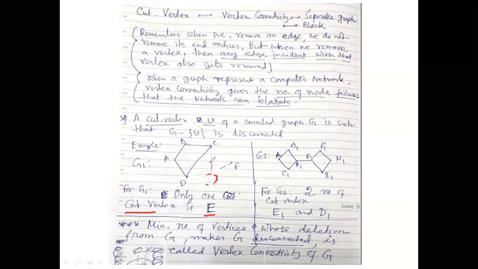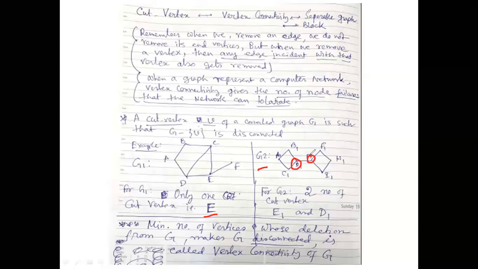Then we have two components: A, B, C, D, and another component containing only the vertex F. So in the case of G1, E is the only cut vertex. A cut vertex means a vertex whose removal makes the graph disconnected. Similarly, for G2 there are two cut vertices, one is D1 and one is E1.